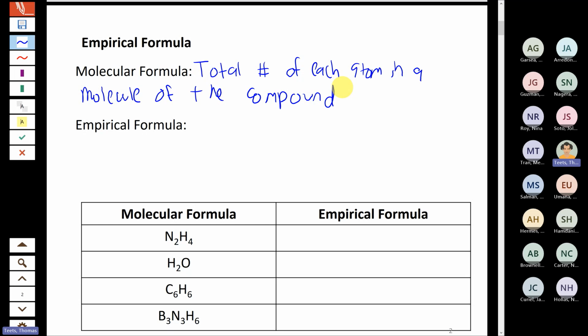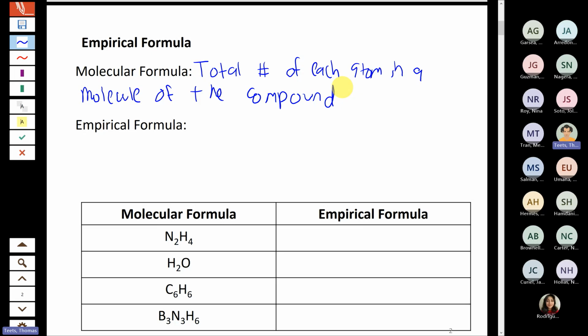So when you look at a molecular formula, that's what it has. And that's one key difference between covalent compounds and ionic compounds. Ionic compounds, you always report the smallest whole number ratio of the ions, but for covalent compounds, you report the actual number that would be in that whole molecule. But then what we also have is the empirical formula, which would be that lowest whole number ratio.